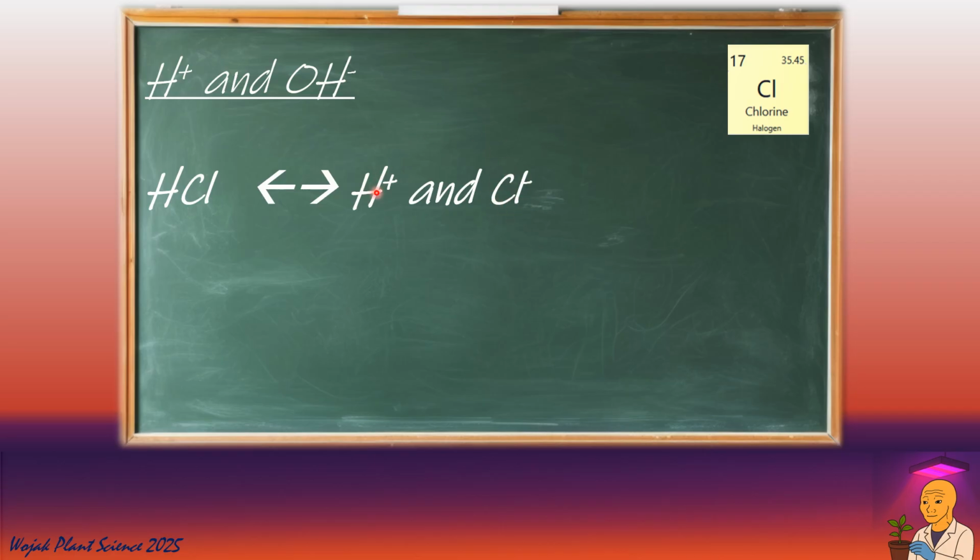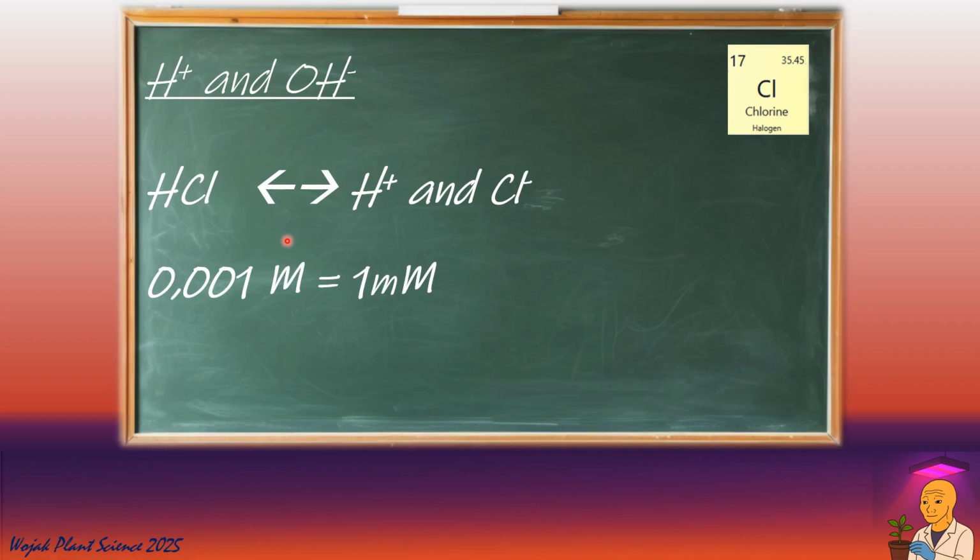And what stays here at the hydrogen is just a proton, because hydrogen has a proton and one electron. So HCl has no charge, but in water it falls apart into H plus and Cl minus. And this is an acid.